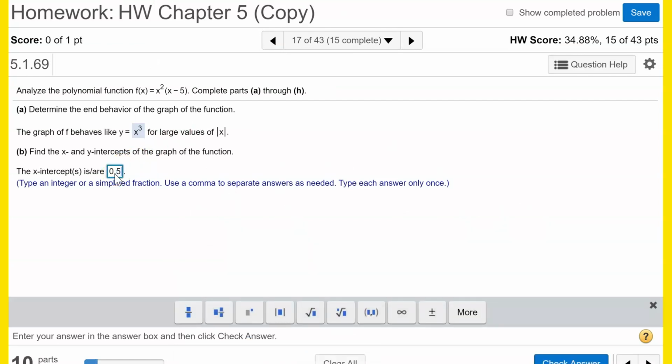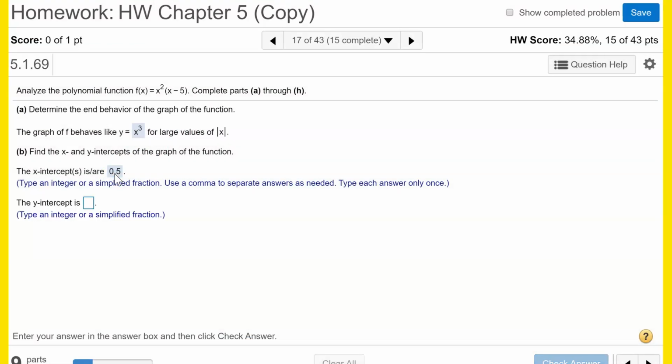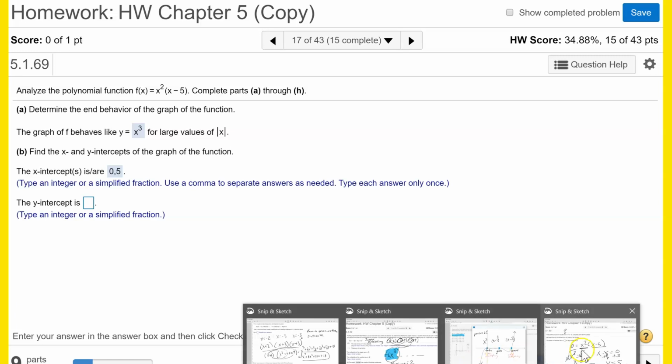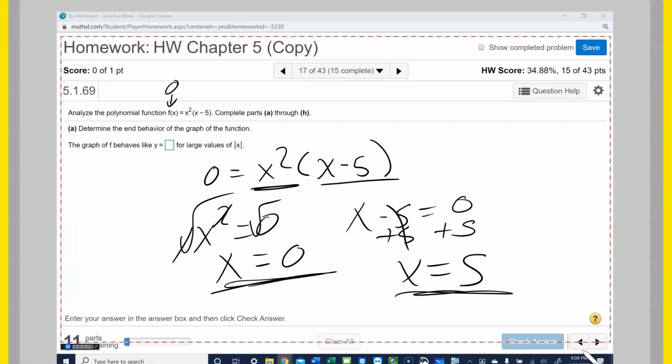Zero and 5. To do the y-intercept, I plug in 0 for x. So if I plug in 0 for x, that means I'm plugging in 0 here and here.